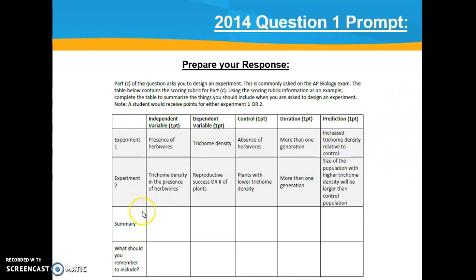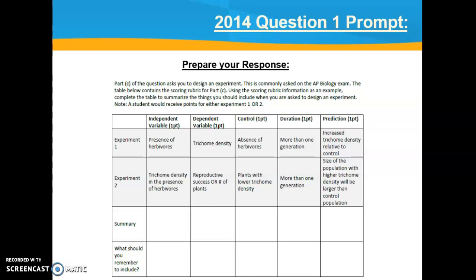The other possible way to earn the points, you could say that what we're going to do different between the groups is have the density of trichomes different. So you could start with a group of plants with minimal trichomes, a group of plants with a medium amount of trichomes, and a group with higher density of trichomes, and then all of the groups get herbivores.